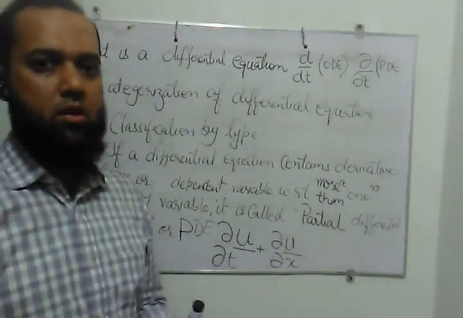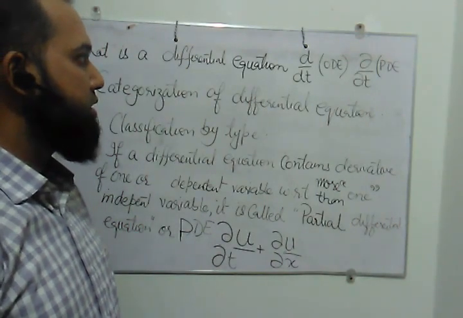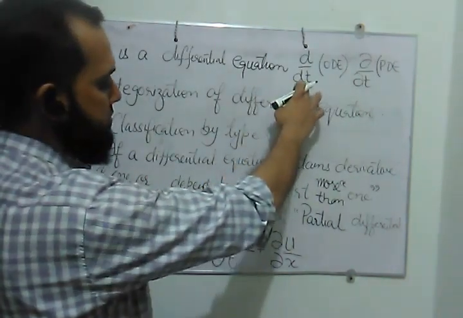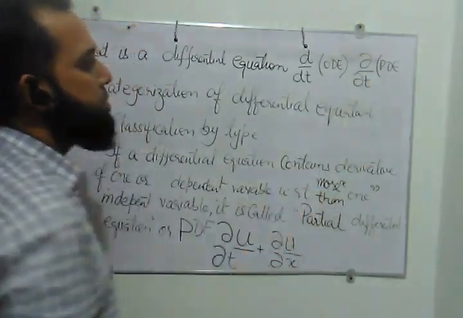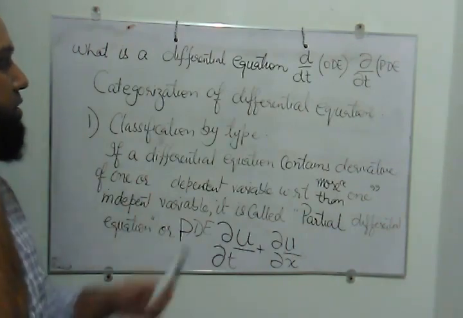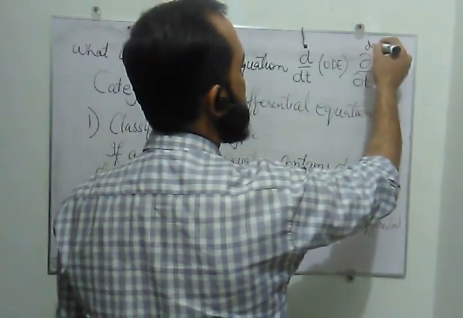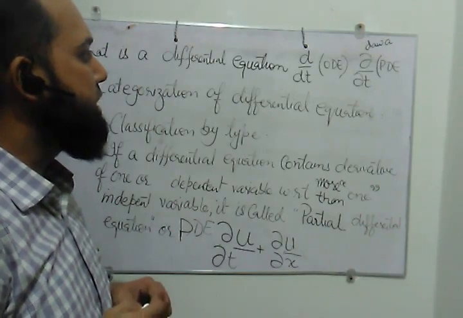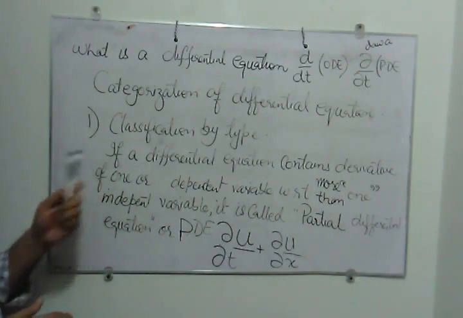So this is one of the differences between ordinary and partial differential equations: if the independent variable is 1 only, it is ODE. If it is more than 1, then it is PDE. And this is only one of the notations, d upon dt, and for the curly d we usually read it as 'del upon dt', 'del u upon del t', for example. So this is the classification by type.